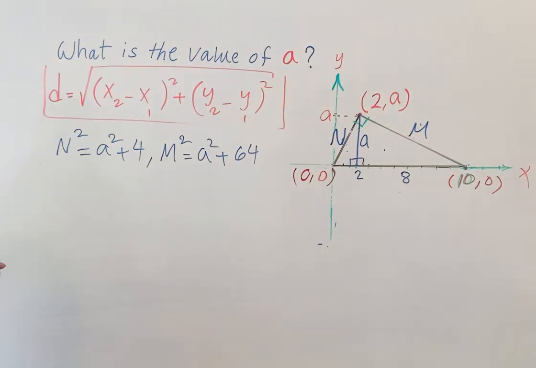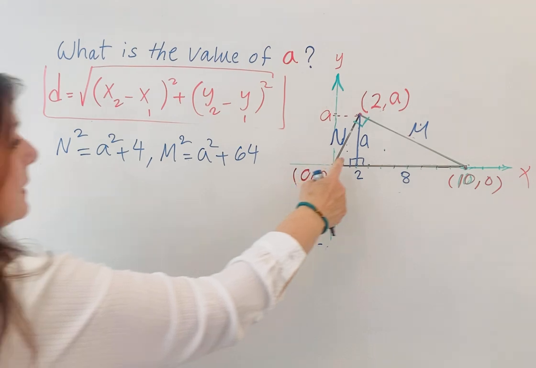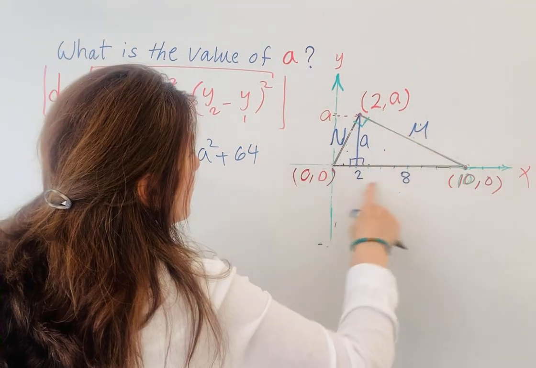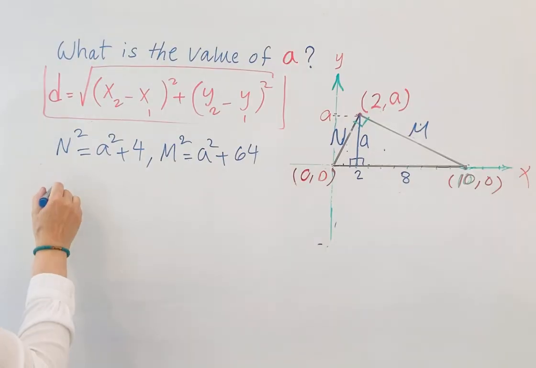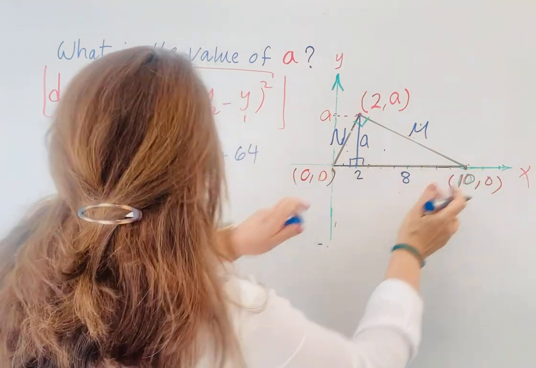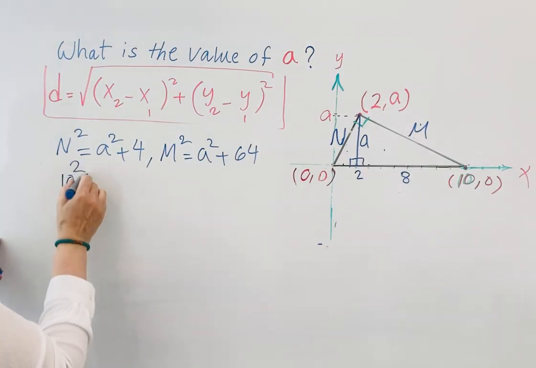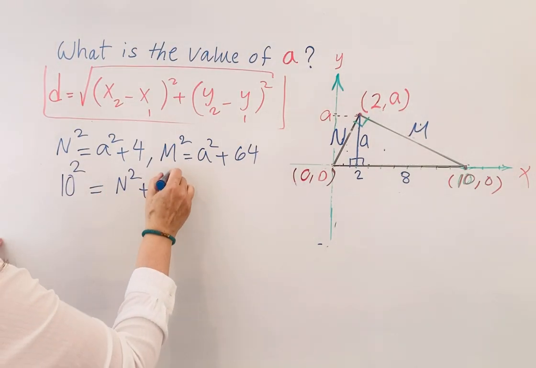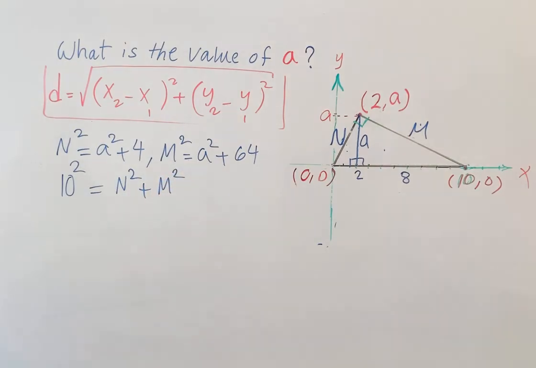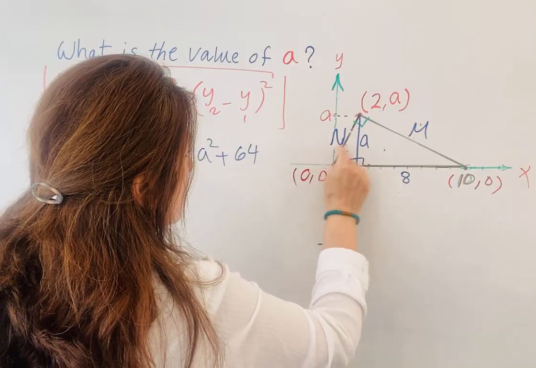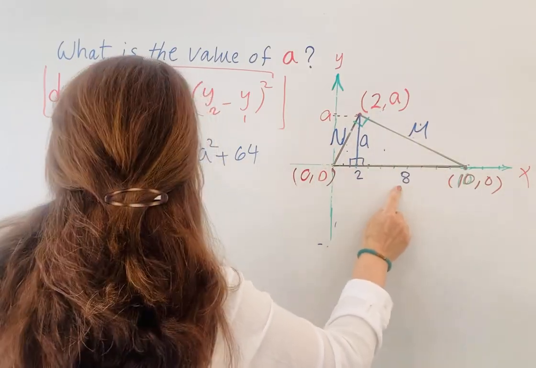This is from these two triangles. But how about the big triangle? We can say 10 squared is n squared plus m squared, because this is the 10 hypotenuse.